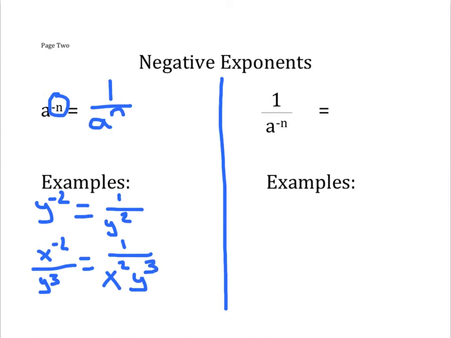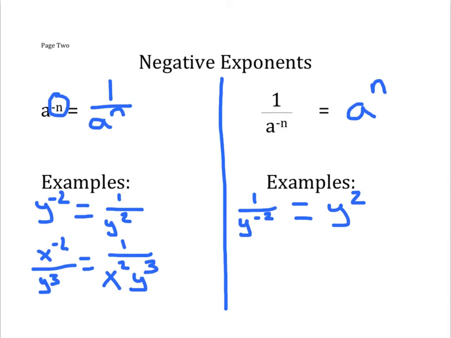So similarly, we have 1 over a to the negative n. What that's going to do is it's just going to switch it to the opposite side. So if it was in the denominator, it's now going to become part of the numerator. So 1 over a to the negative n is really a to the n. A couple examples. If we have 1 over y to the negative 2, that becomes y squared.